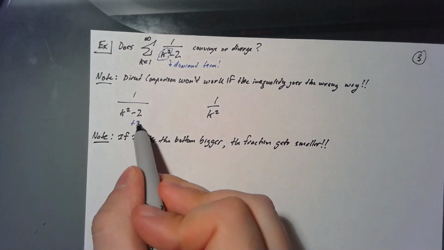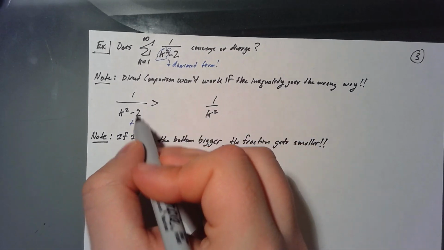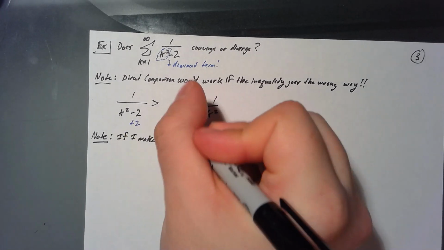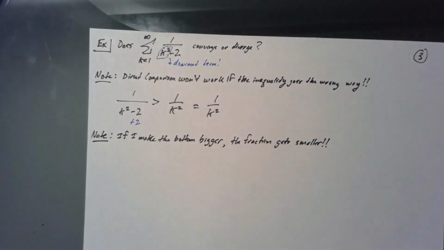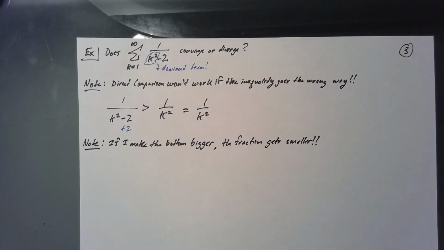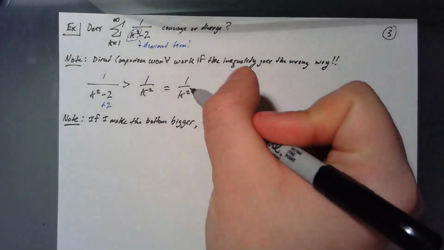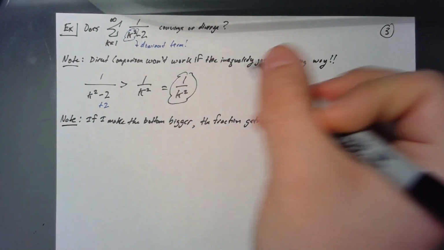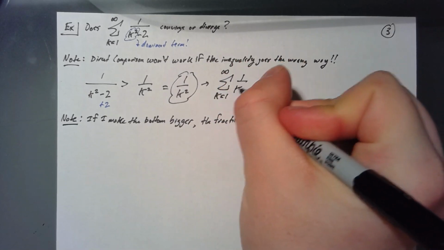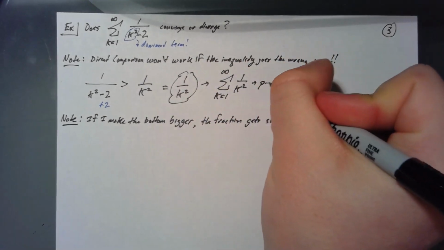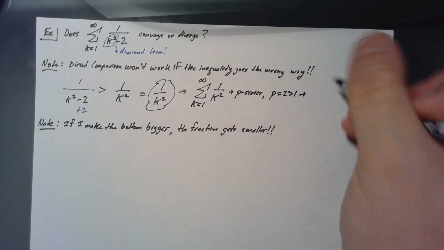So if I add 2 here, the fraction is actually going to get smaller. And if I don't add 2 here, I'm going to get 1 over k squared, which is obviously equal to the one I'm comparing it to. All right. Well, what is this kind of series right here? That's a p-series, with p equals 2, which is greater than 1, which means it converges.